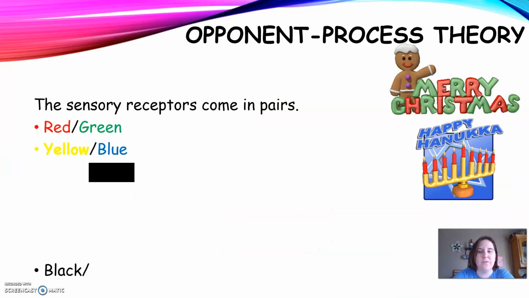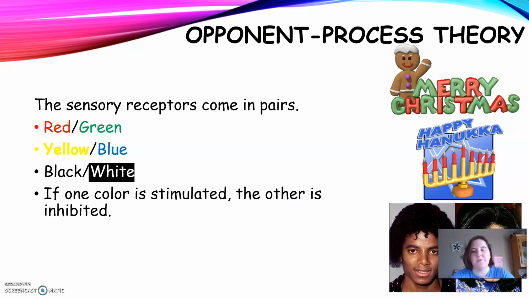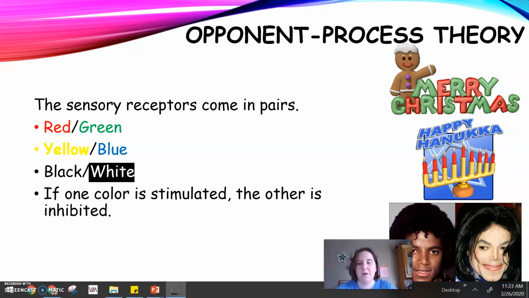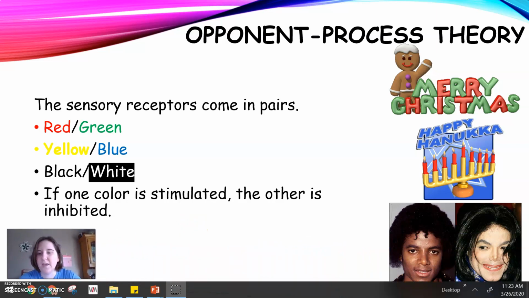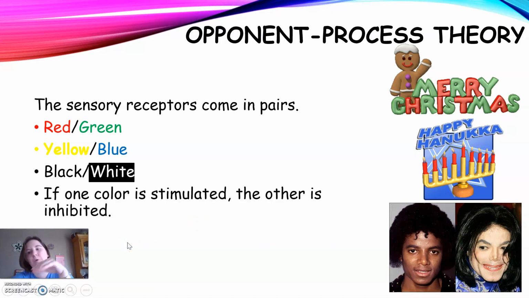Now, the other theory that fills in the blanks on this stuff, I did not make up these examples, so I'm going to blame apsychology.com, and by blame, I mean give them a shout out. They came up with this lovely example. Opponent processing theory says that we have pairings of colors and cones. So red and green go together like Christmas, yellow and blue go together like Hanukkah, black and white, just remember black and white, or you can look at Michael Jackson.